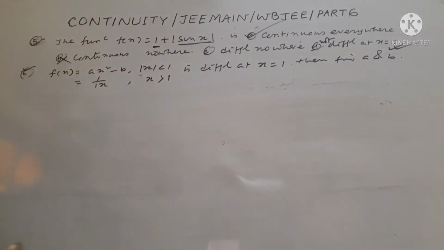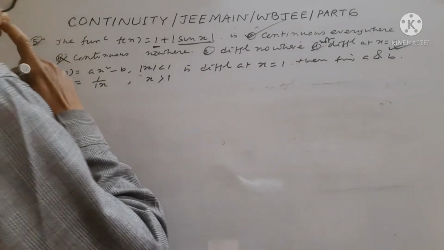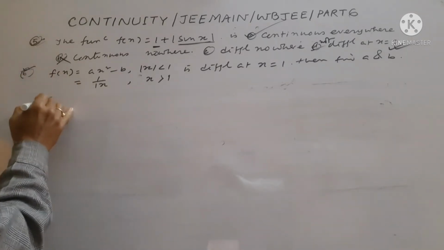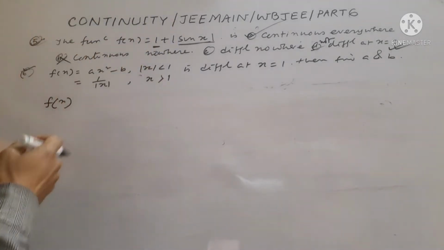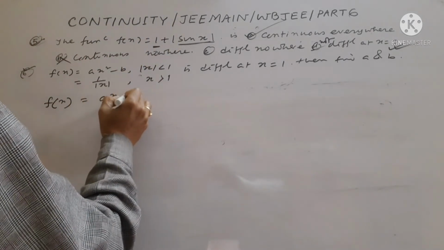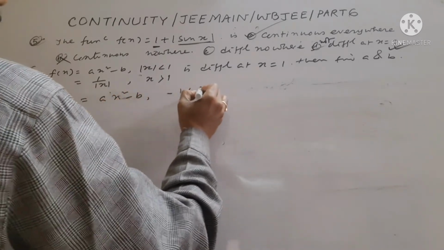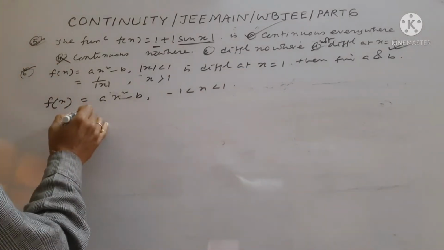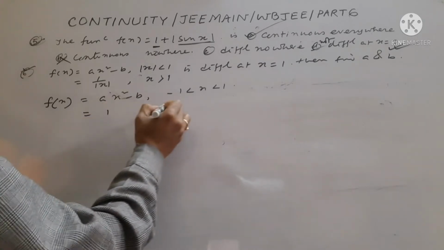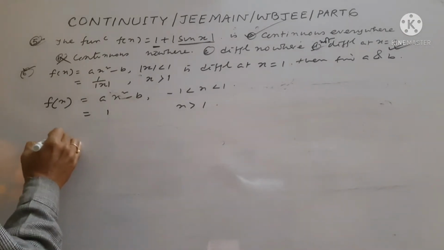Next, f(x) is differentiable at x equals 1. Find a and b. So f(x) equals a x square minus b for minus 1 less than x less than 1, and for x greater than 1 it is 1 by mod x, where mod x is positive. So what is f dash x?